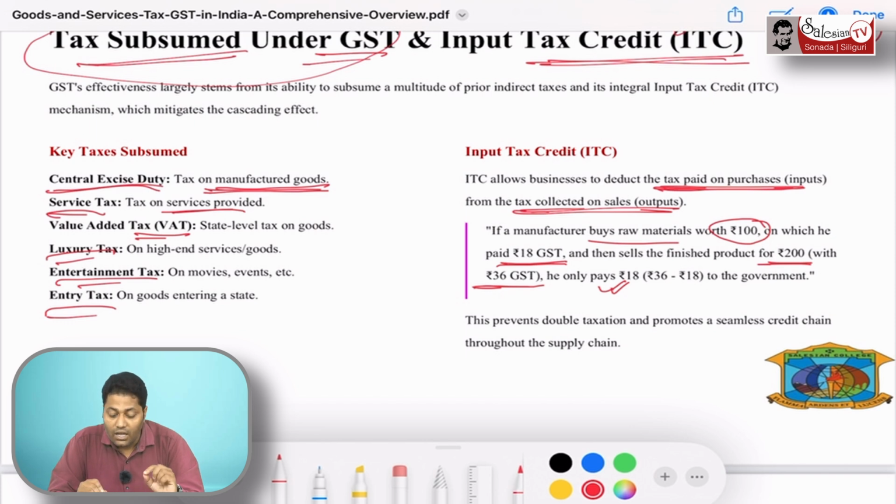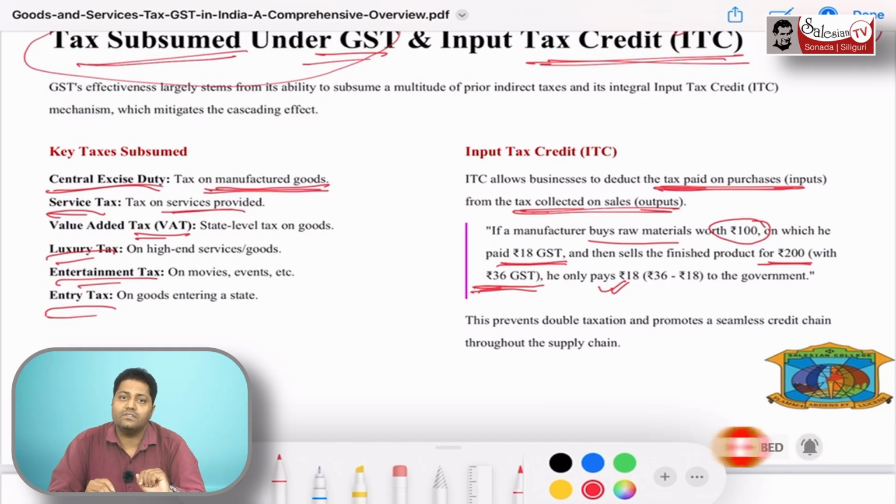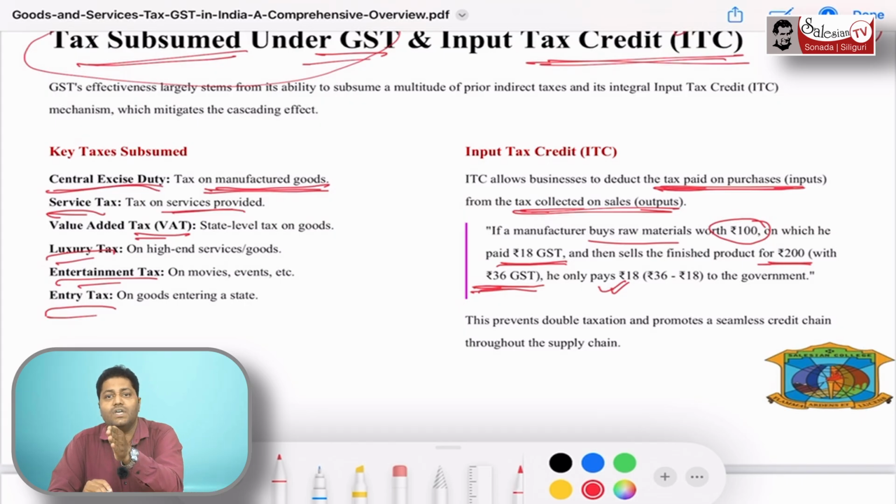Why? He has already paid 18 rupees tax on purchase, so he will not pay that again. Out of the 36 rupees tax charged, the 18 rupees already paid will be deducted, and the rest 18 rupees he has to pay to the government. That is the ITC credit.